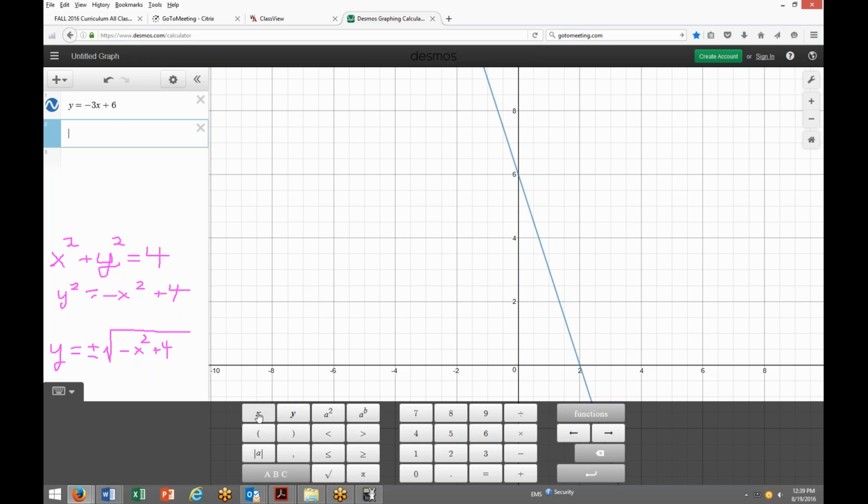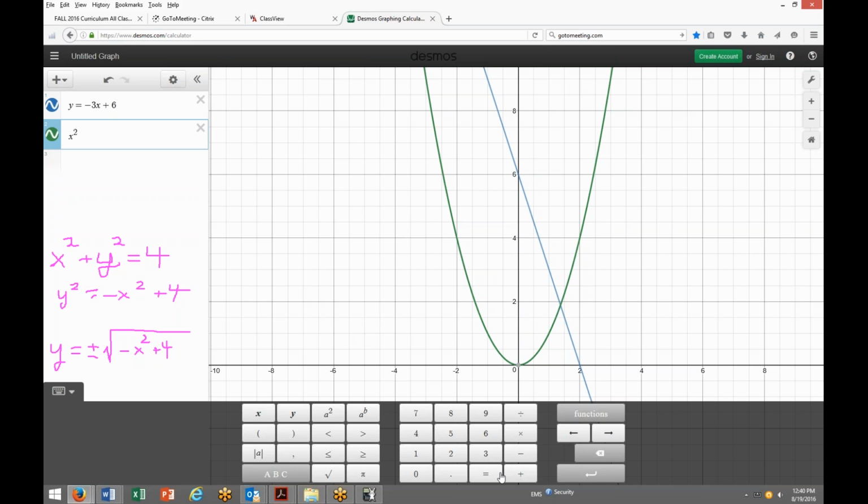So I'm going to click on the X, and it automatically enters it like it's y equals x, which of course we're going to change that. Now I'm going to click on the a squared key, which is a simple way to square whatever you've just entered. Instead of having to hit the caret key on the keyboard above the 6, the exponent key, and then hitting the 2, all you have to do is hit x squared.